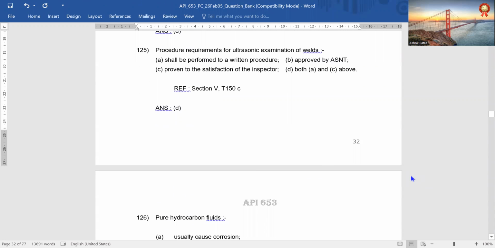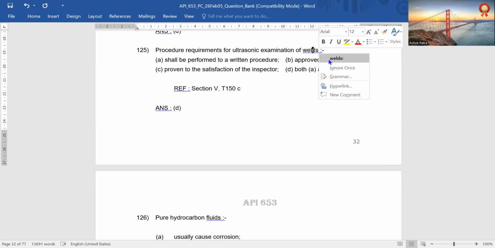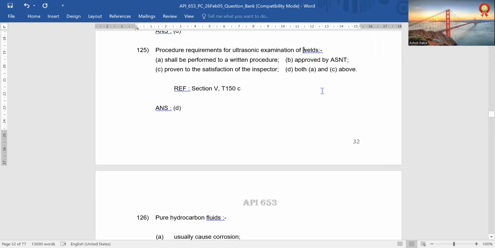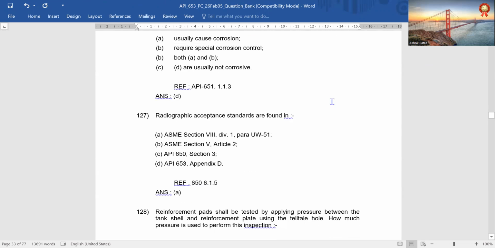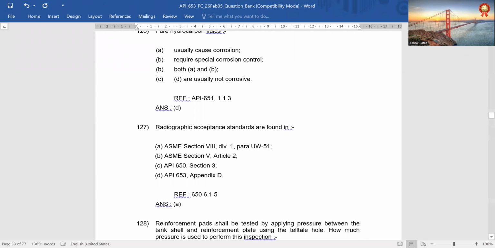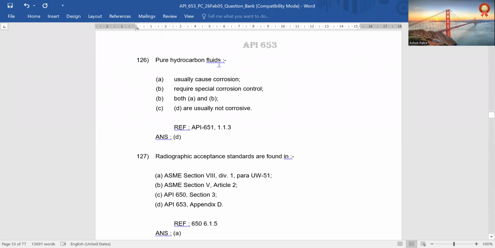The procedure requirement for ultrasonic examination of welds shall be performed in a written procedure and proven to the satisfaction of the inspector. No need to be approved by S&T. Pure hydrocarbon fluids are usually not corrosive.